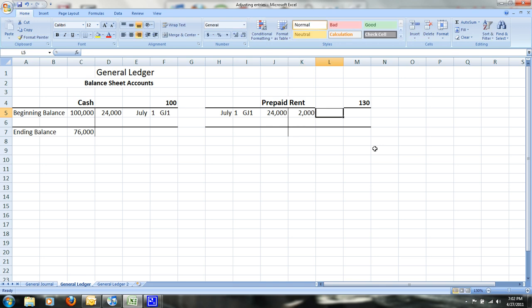And then that was on July 31st, from General Journal, page 1. Okay, and that's all we did for July. So that gives us an ending balance of $22,000 in the prepaid rent account.